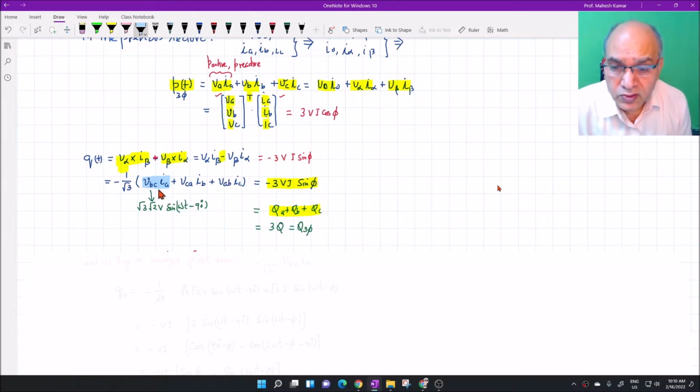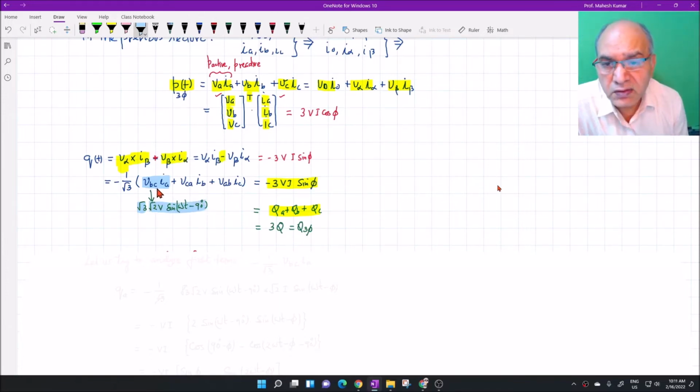So if you replace Vbc for a three-phase balanced system, then this voltage can be expressed as root 3 times Va shifted by minus 90 degrees. This I have explained in the previous class.